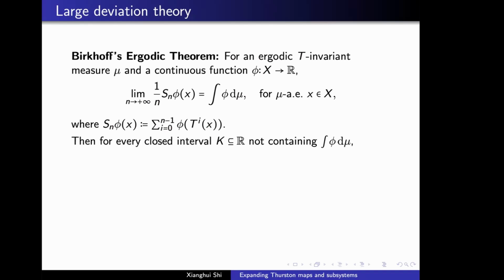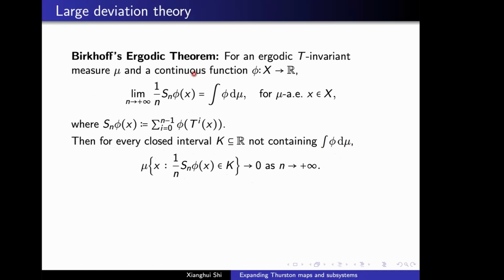There's another way to understand this Birkhoff ergodic theorem. Suppose we consider a closed interval K not containing this space average, this integral. Here we consider the set of points where the Birkhoff average is contained in this K, and notice that this K does not contain the average.